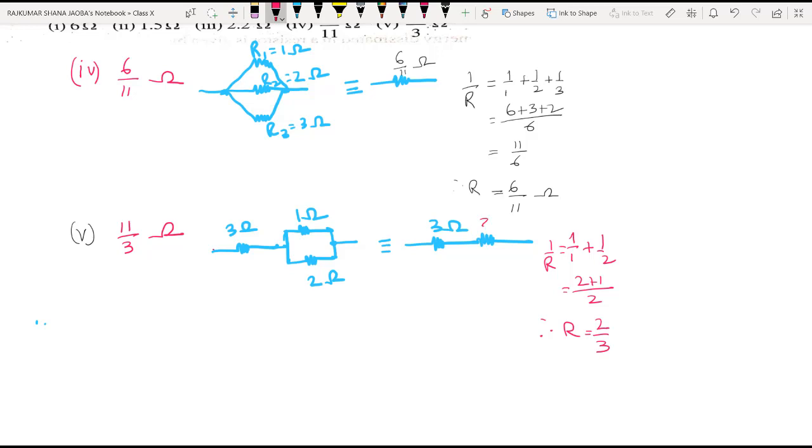So this is 2 by 3. Now 3 and 2 by 3 in series, the equivalent is 3 plus 2 by 3. So this is 9 plus 2, so 11 by 3 ohms.